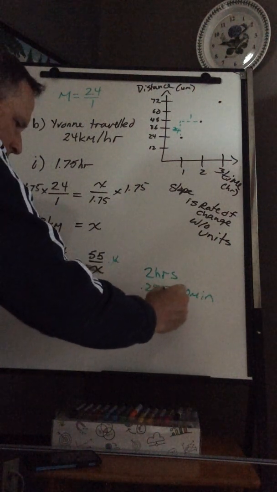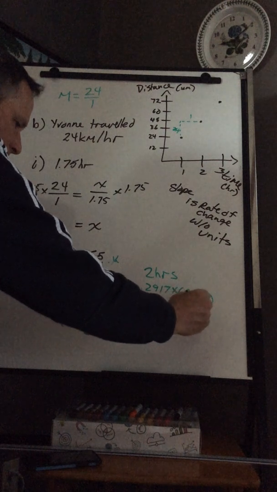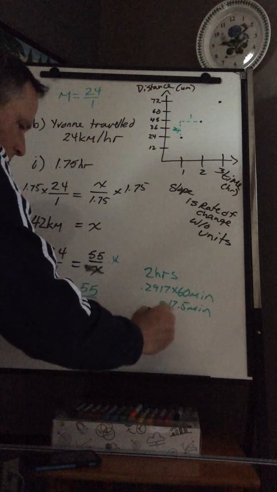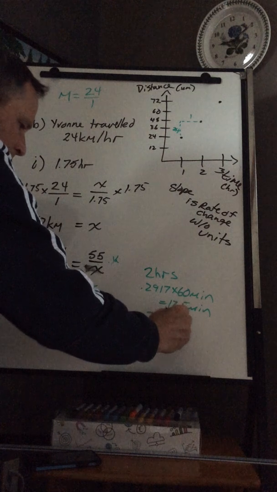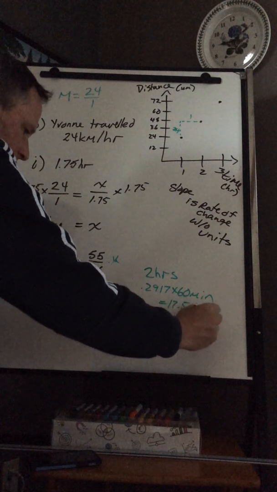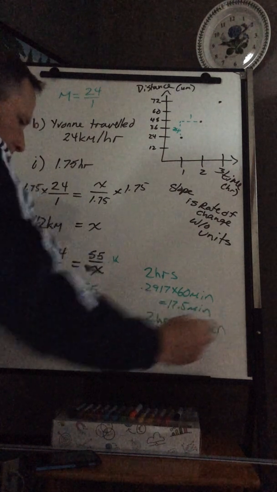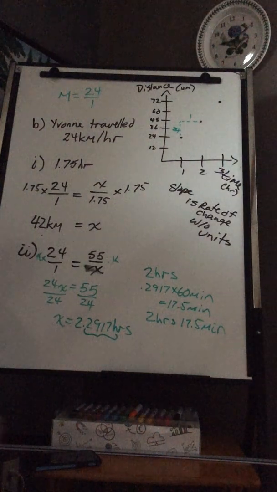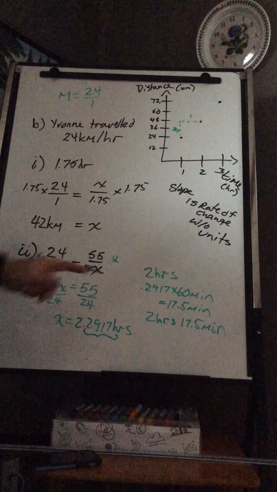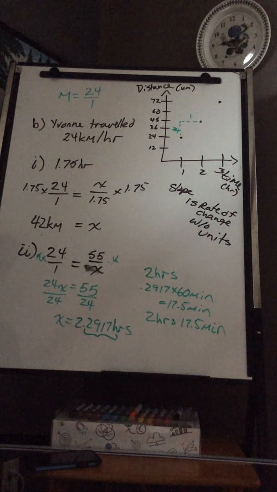And that is going to give me 17.5 minutes. So I have 2 hours, 17.5 minutes. If she had traveled 55 kilometers, it would take her 2 hours and 17.5 minutes.